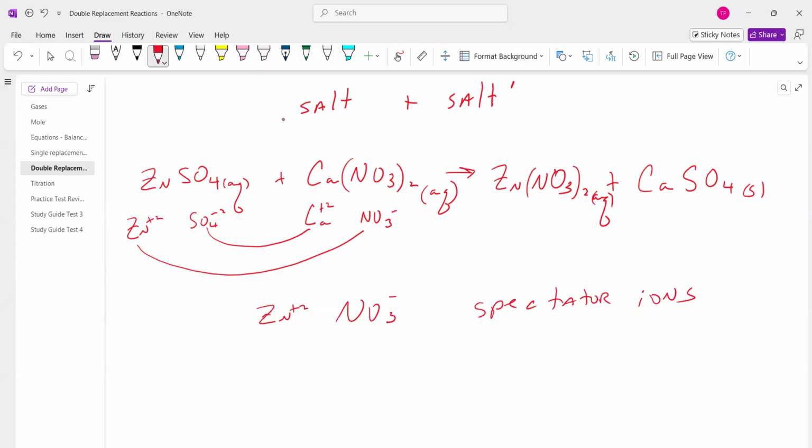Now, we have something called a net ionic equation. The net ionic equation asks, did something happen? In this case, yes. Write the equation. Well, what happened was we have calcium plus sulfate.